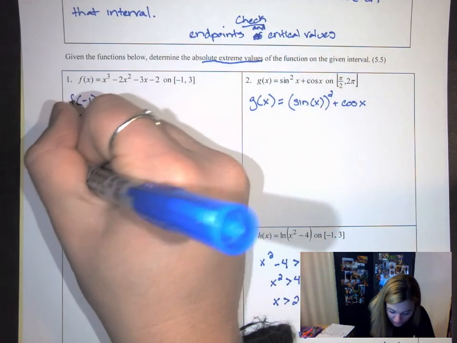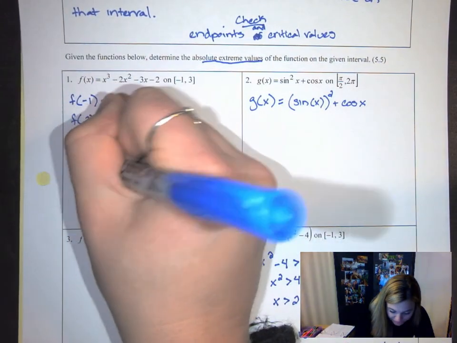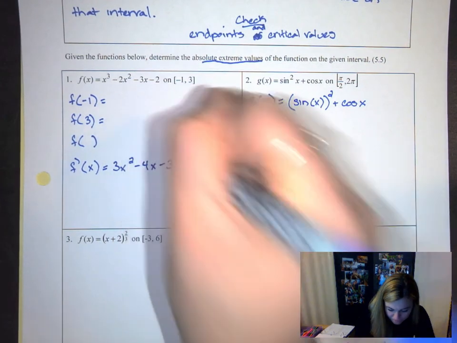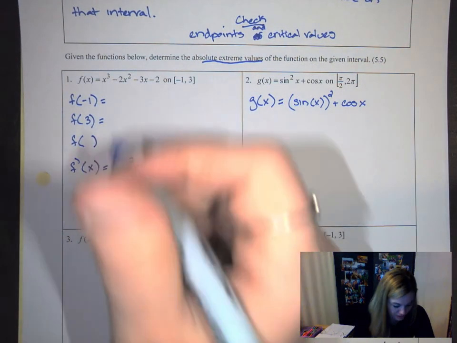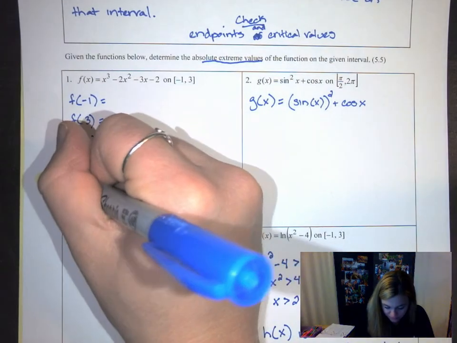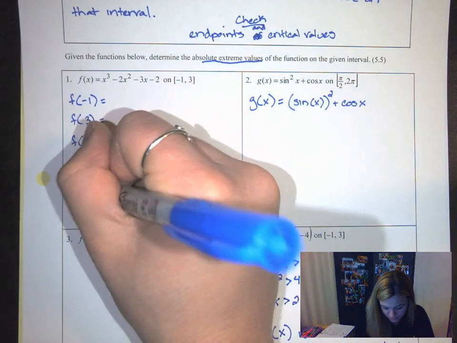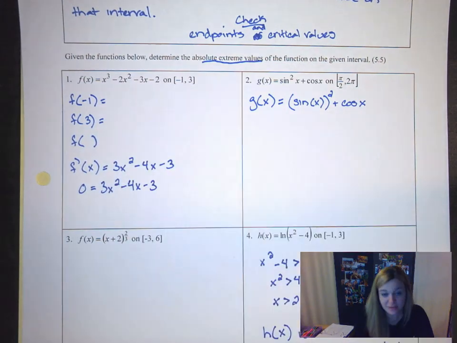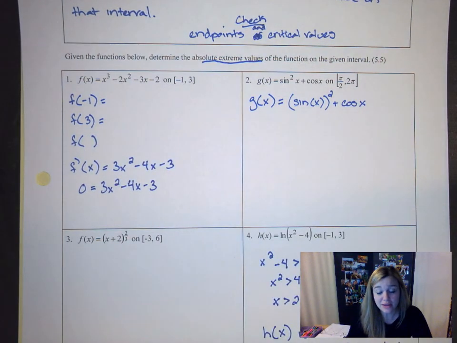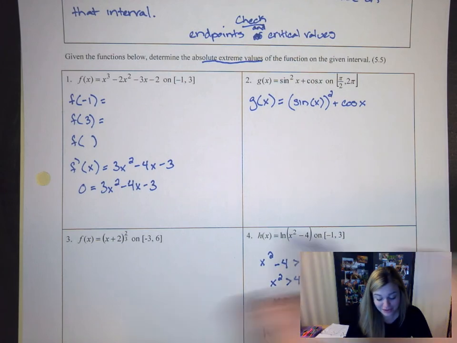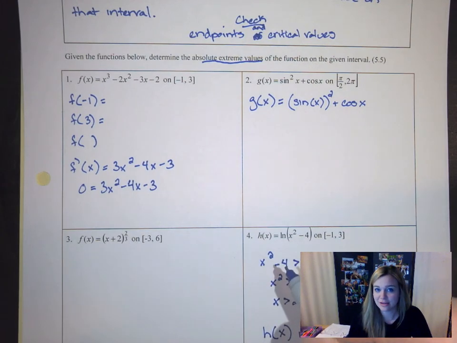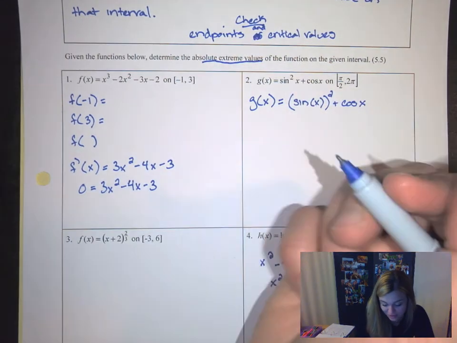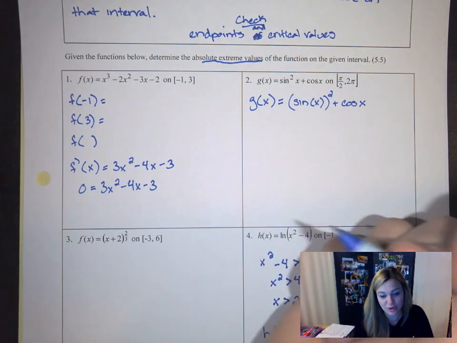So that means I need to find my derivative, set it equal to 0. This one gets annoying really quickly because you're going to try to factor this and you're like, I can't do it. And so you can do a couple of things on this one. Let's pull out the quadratic formula.